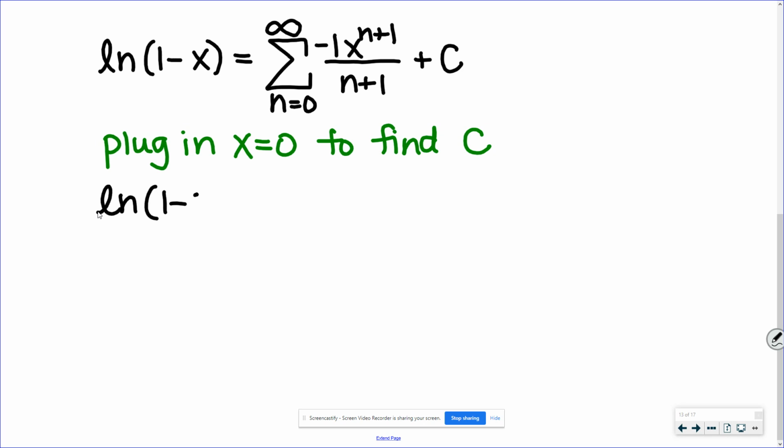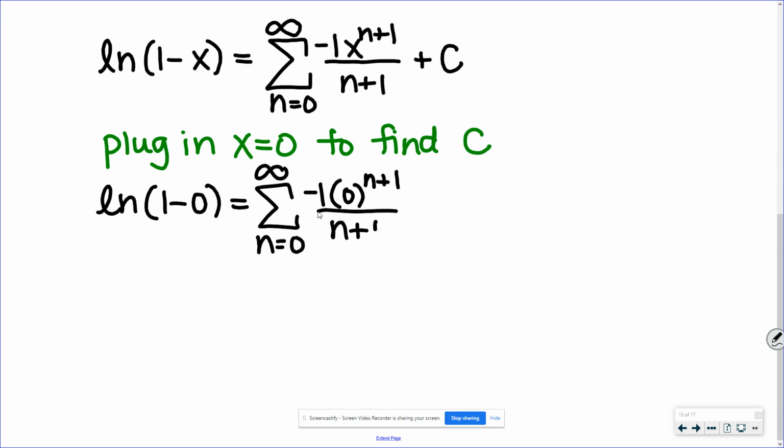Ln of 1 minus 0. All this series stuff over here, all of this stuff on the right, 0 to the power of n would just be 0. So all of this is going to go away, isn't it?